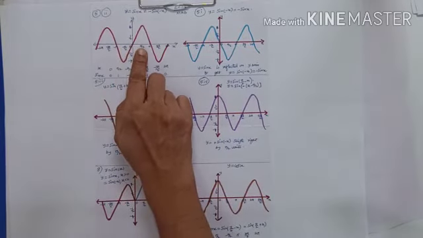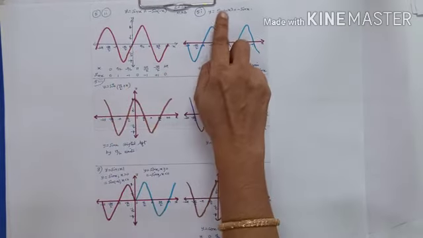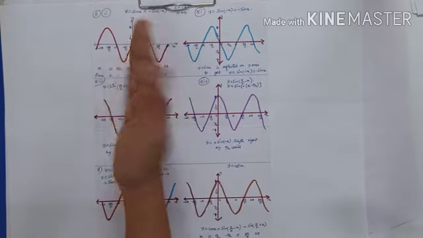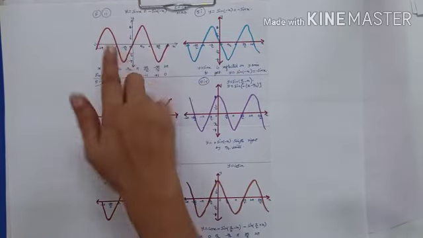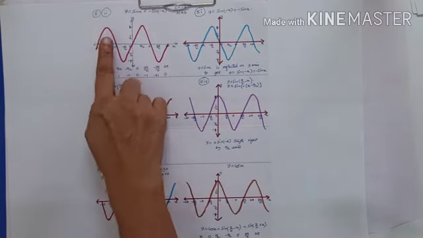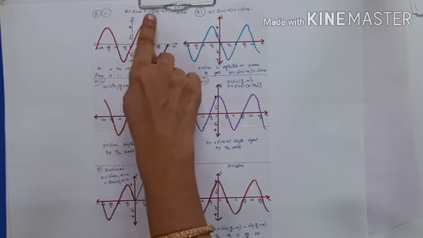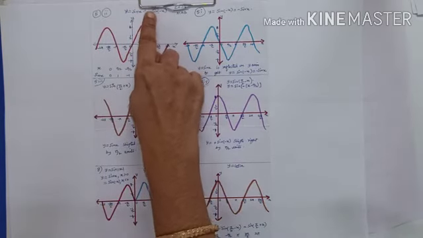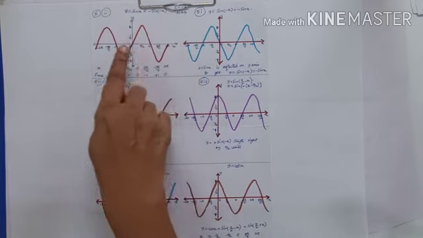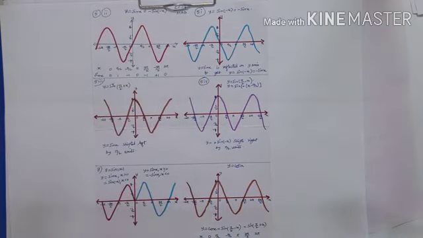So this is the sin x diagram. When I say sine of minus x, we just reflect it like this. So this up part will come here, this down part will go here, which we have drawn. Second subsection, minus sine of minus x. Minus sine of minus x will give me the same old sin x curve.